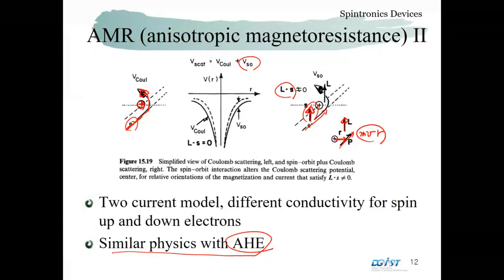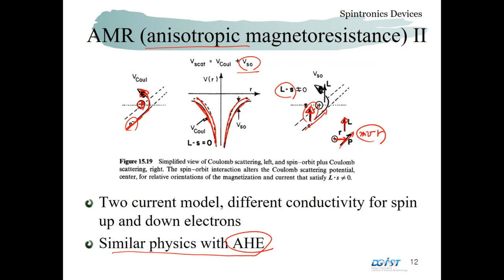If we don't have any spins, then there is just a Coulomb scattering, which should be symmetric. But because of the spin-orbit coupling, there is some additional contribution. So we have an asymmetric or anisotropic scattering.